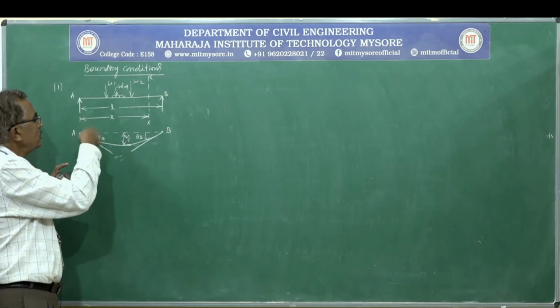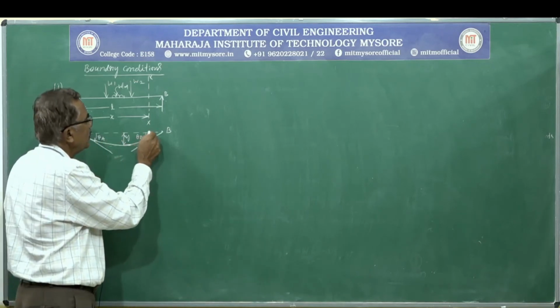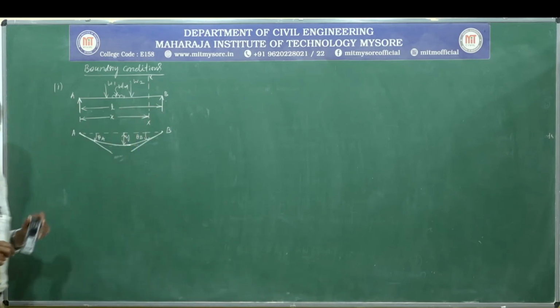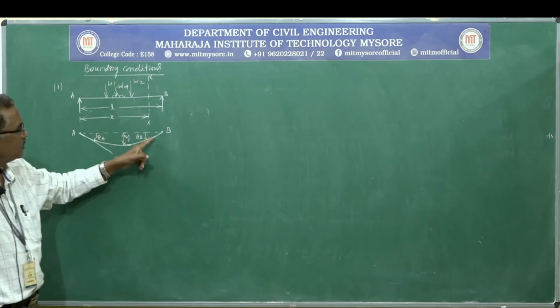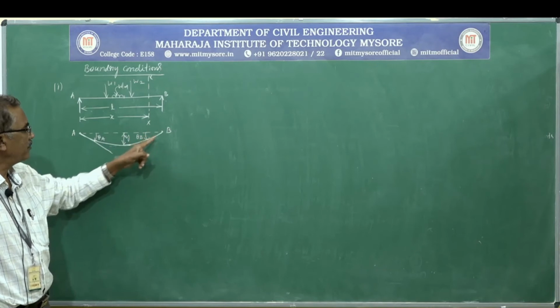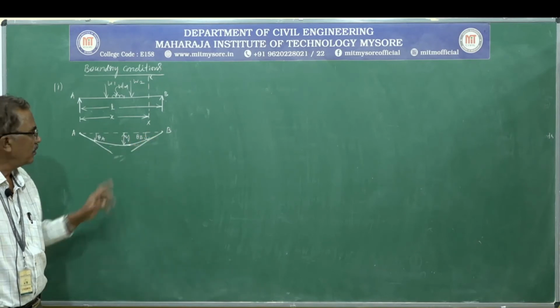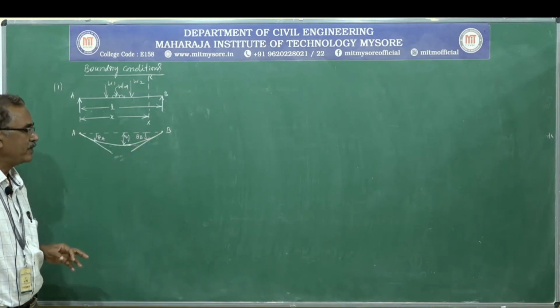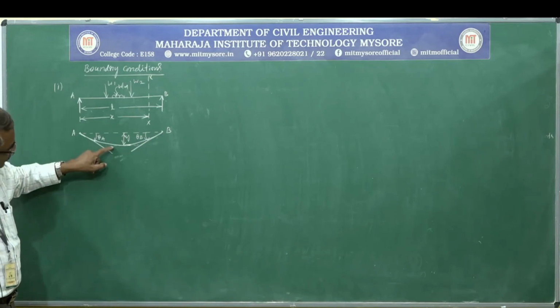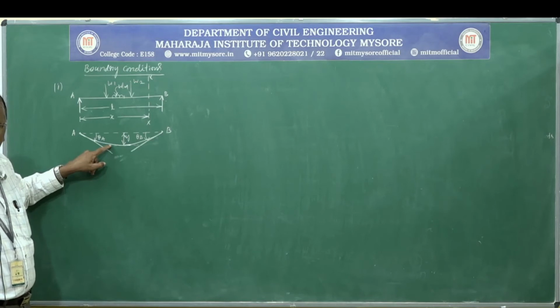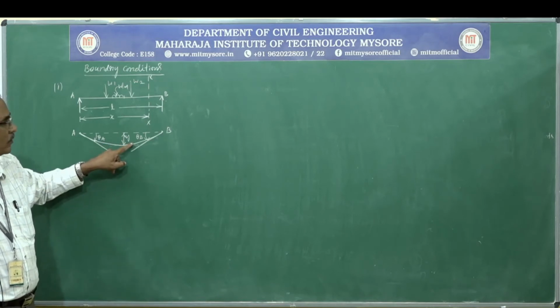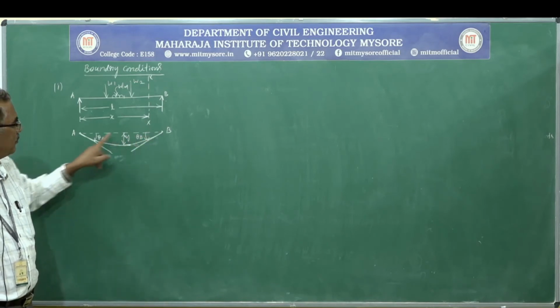The rotation here is clockwise, whereas here the rotation is anti-clockwise. So we can measure slope both at point A and B after drawing the tangent. Of course, if you draw a tangent here, it is a straight line. We have slope here, we have slope here.